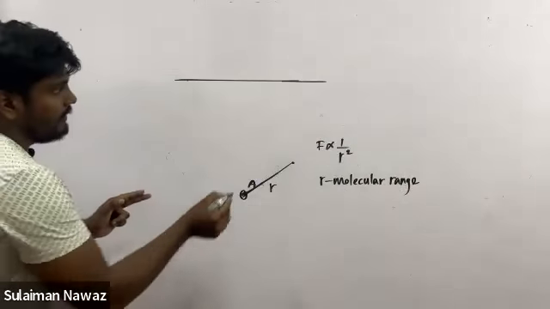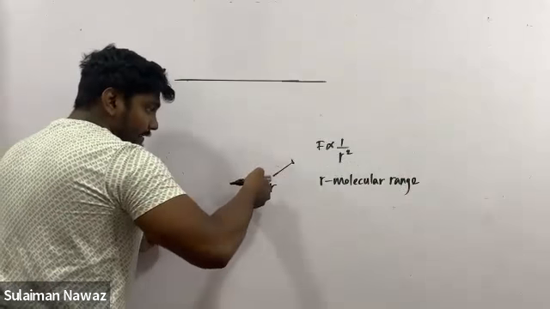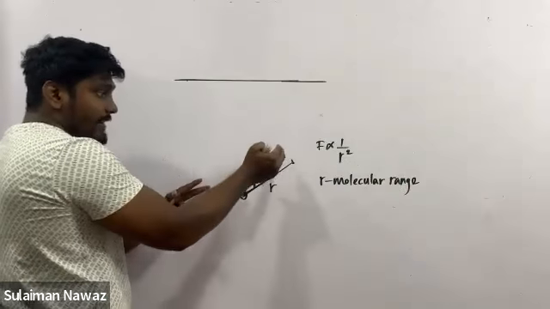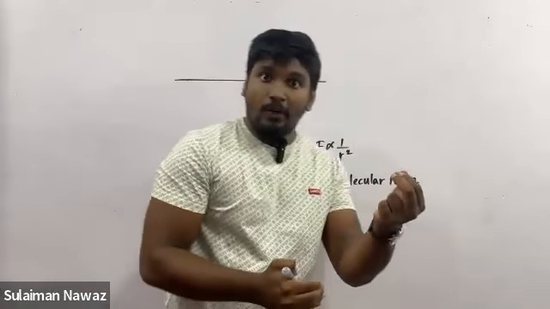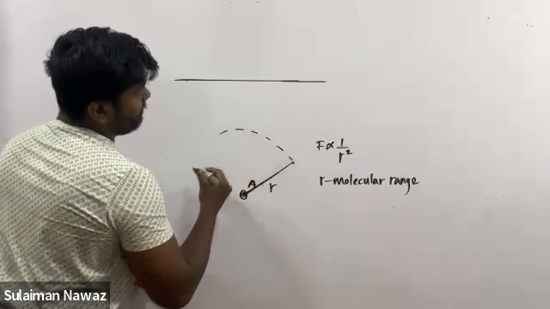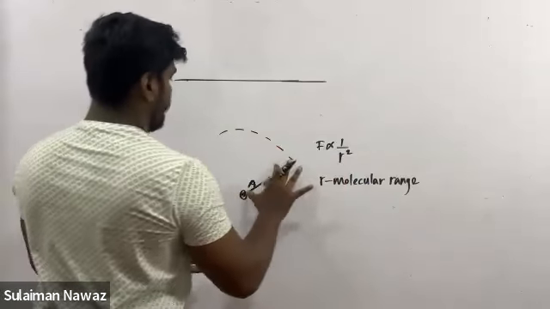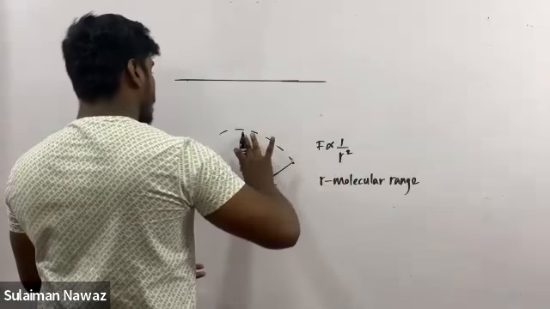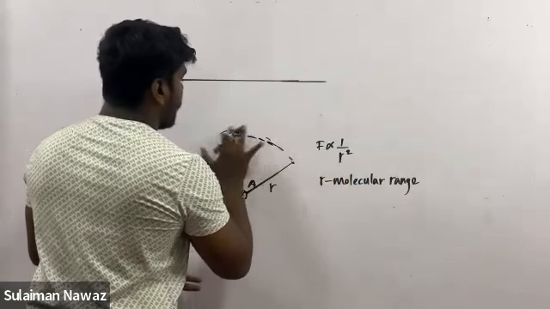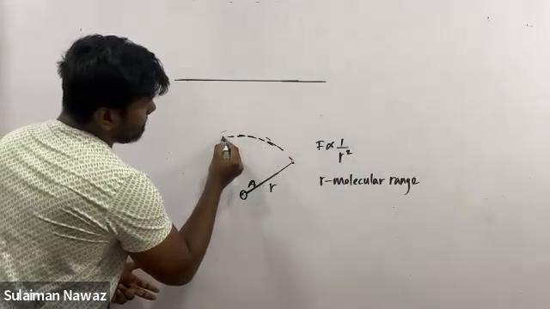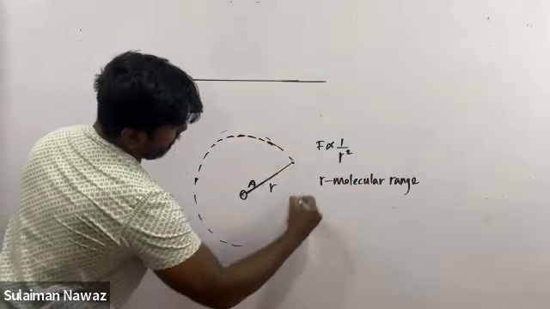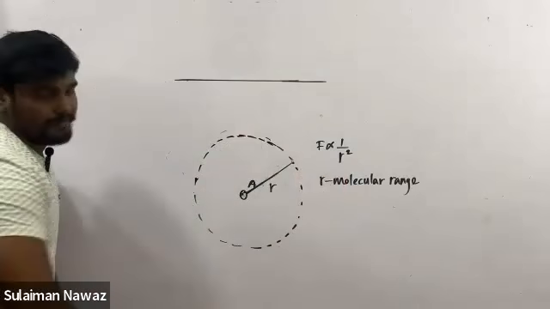Then I explained that if I create a sphere taking the molecular range as the radius from particle A, that imaginary sphere I call the sphere of influence.